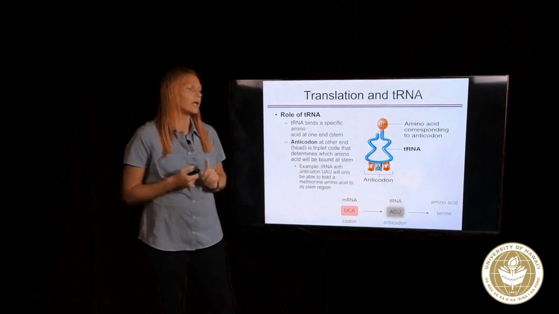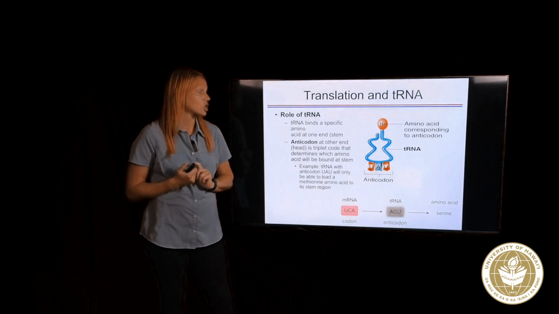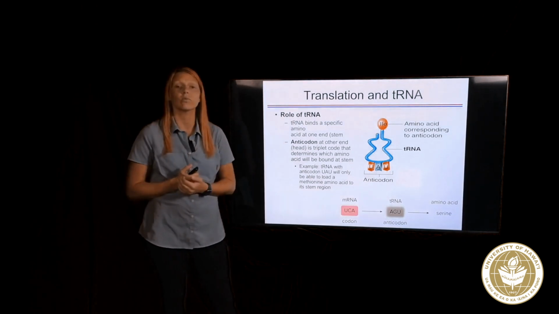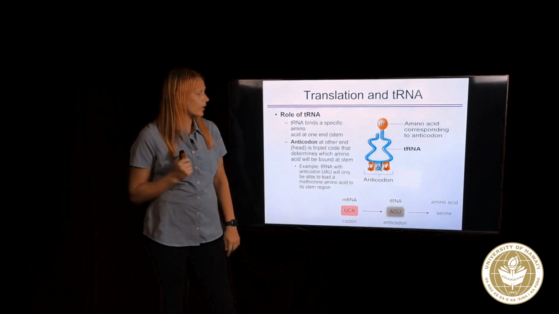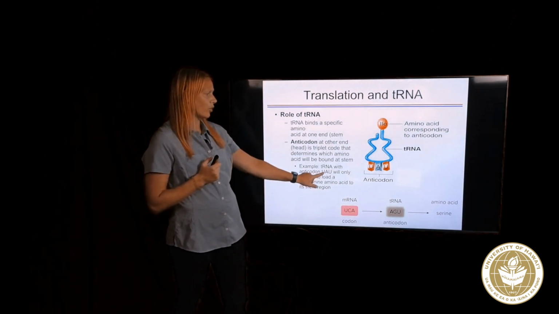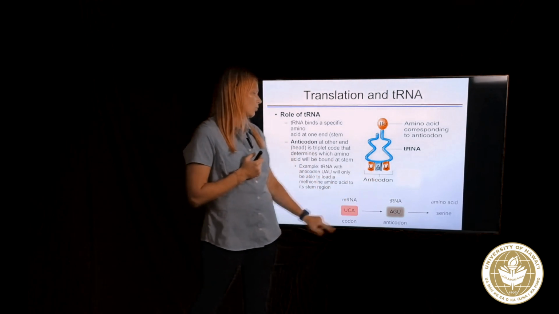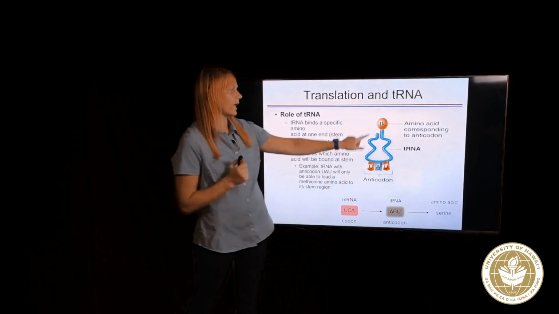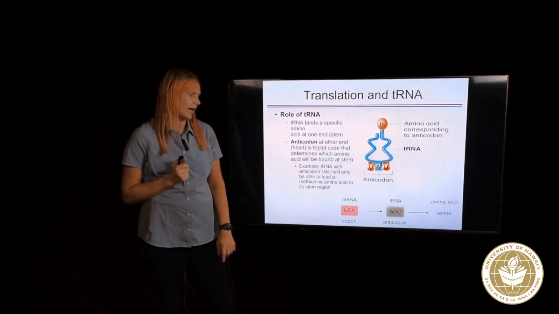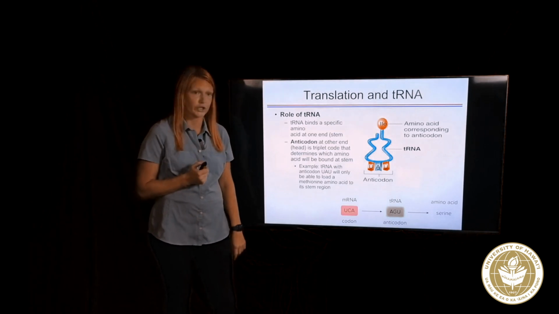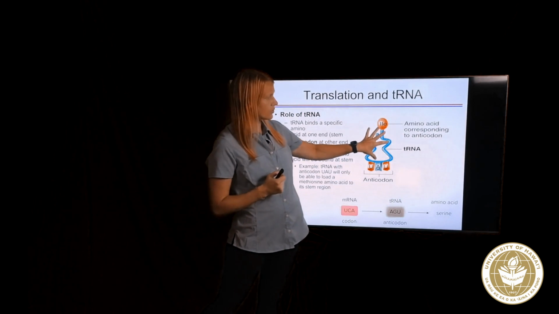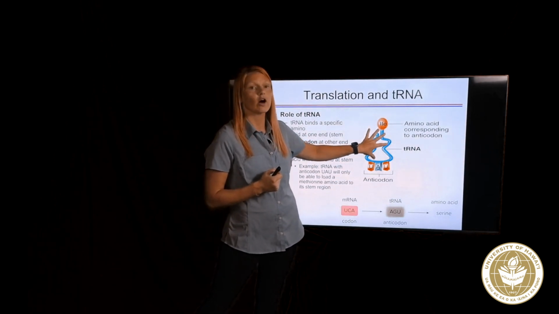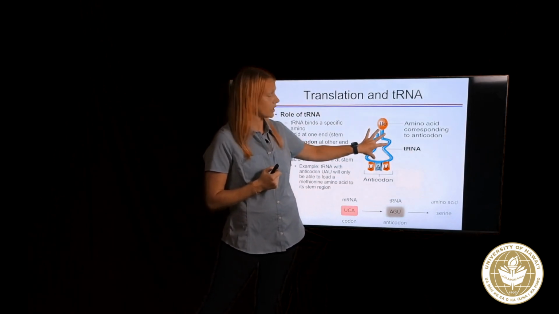This is that triplet code, and that triplet code actually determines which amino acid will be bound up here at the stem. So an example here, tRNA with the anticodon UAU will only be able to load a methionine amino acid to its stem region. So once the amino acid is actually loaded onto this tRNA, it's now called an aminoacyl tRNA.